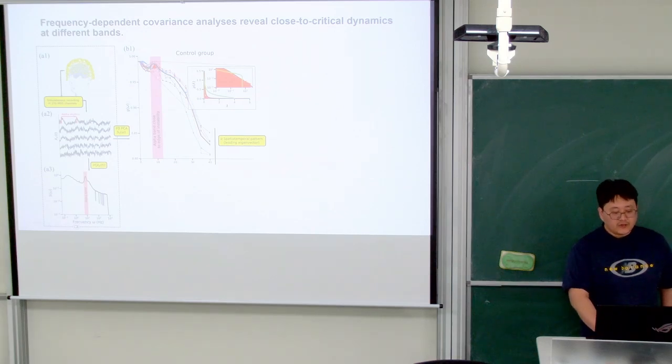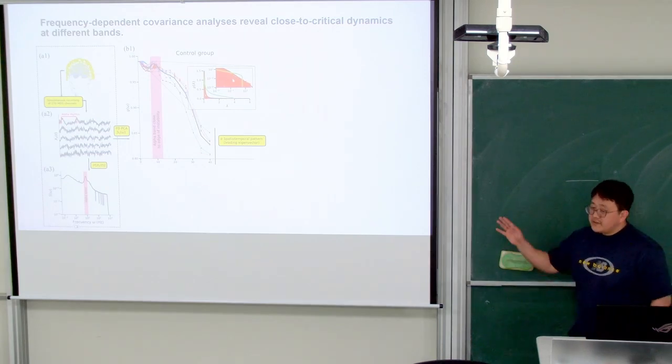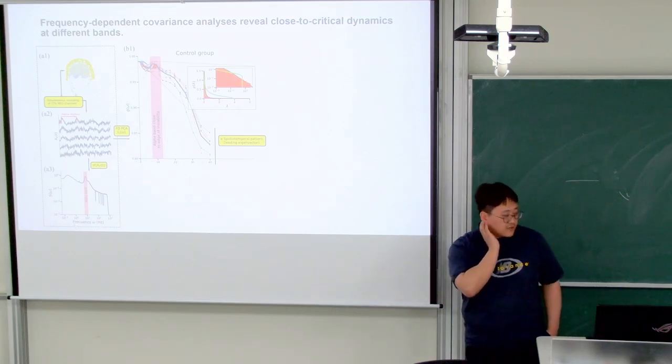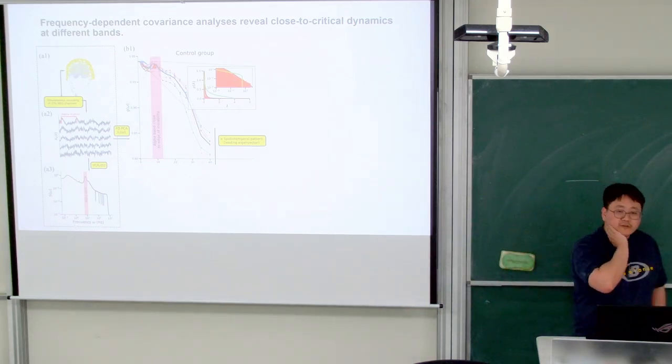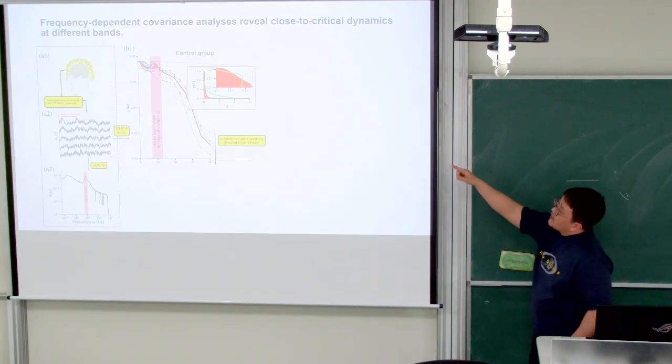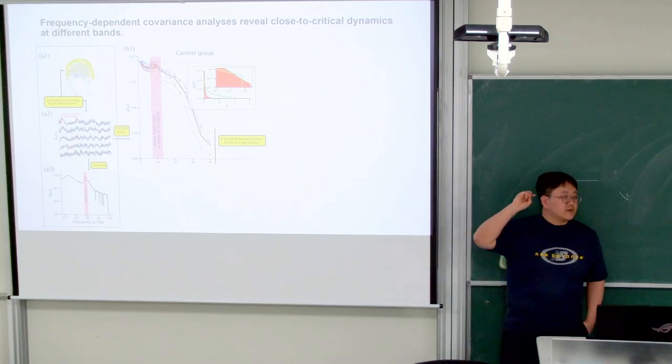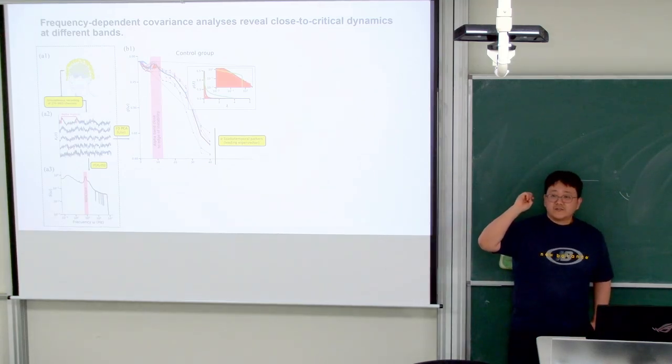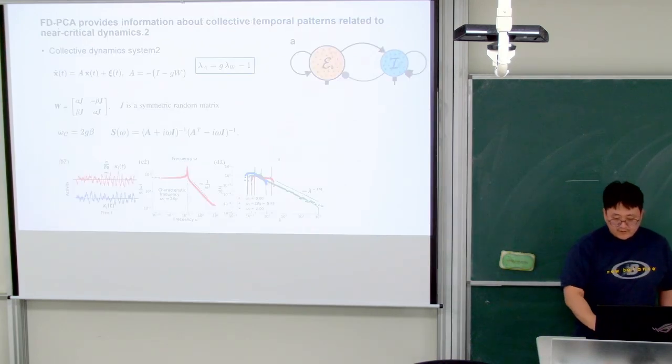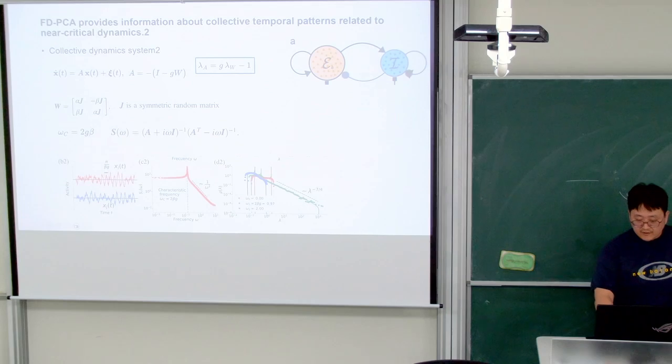So if you draw the histogram for the eigenvalue of S at this range, then you will get this profile. In this profile, the green line corresponds to the eigenvalue profile of the random matrix, and the black line indicates the power law. I mean, in the previous profile, near the critical dynamics, they follow the power law, right?